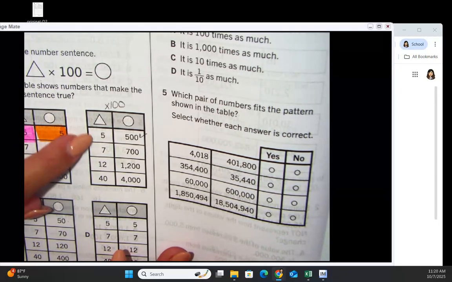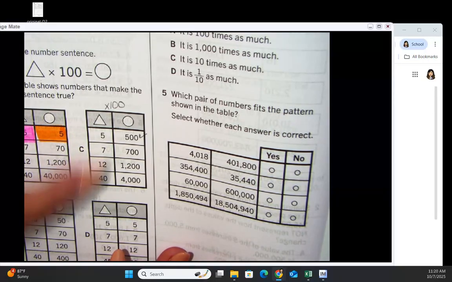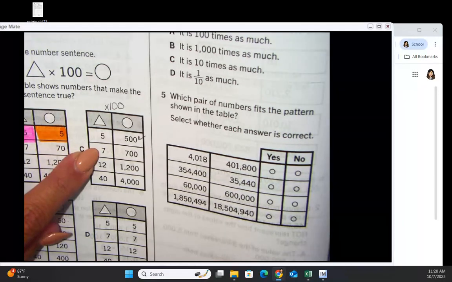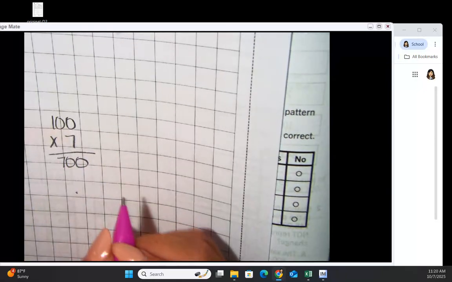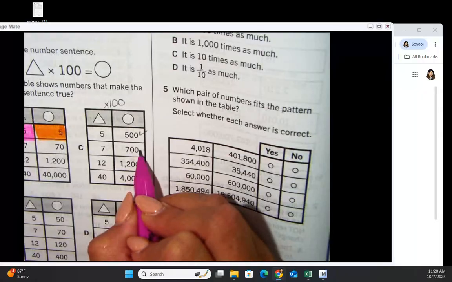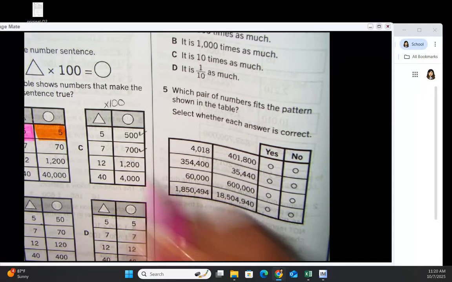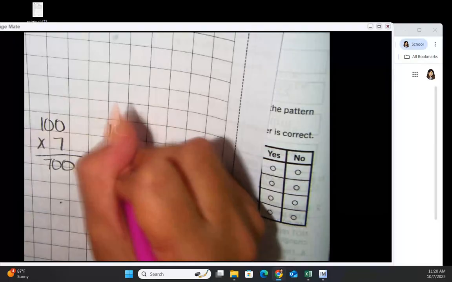No. I have to check all of these to make sure they are all following the rule. So let's do the next one. 7 times 100. Well, 7 times 100 is 700. Is this true? Yes. Let's look at the next one.